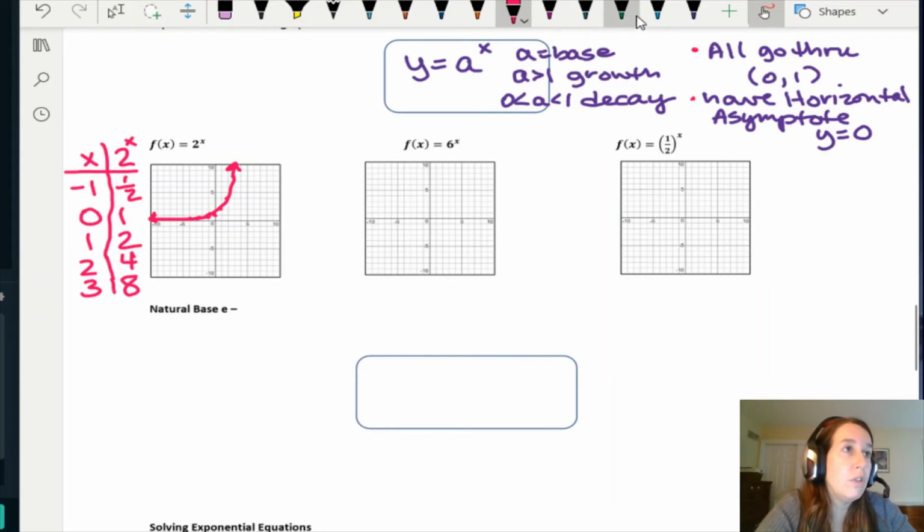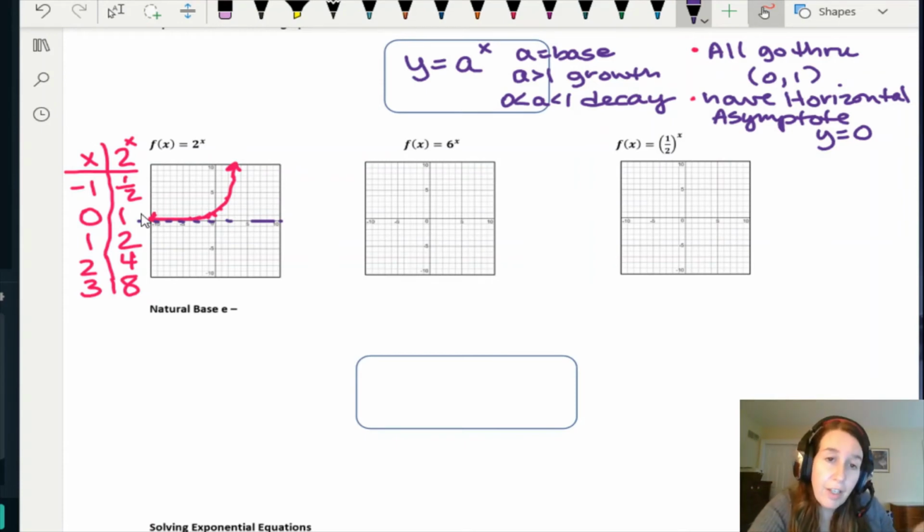So you do have a horizontal asymptote going in the negative infinity direction, as the graph goes closer and closer to 0. Okay. So this is the y equals 0 horizontal asymptote.